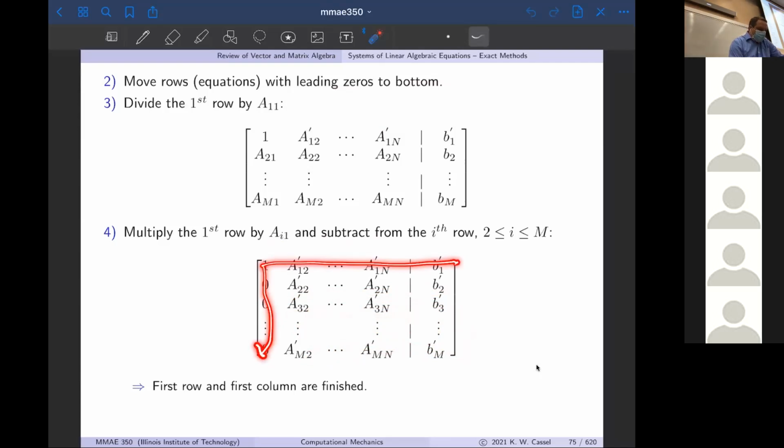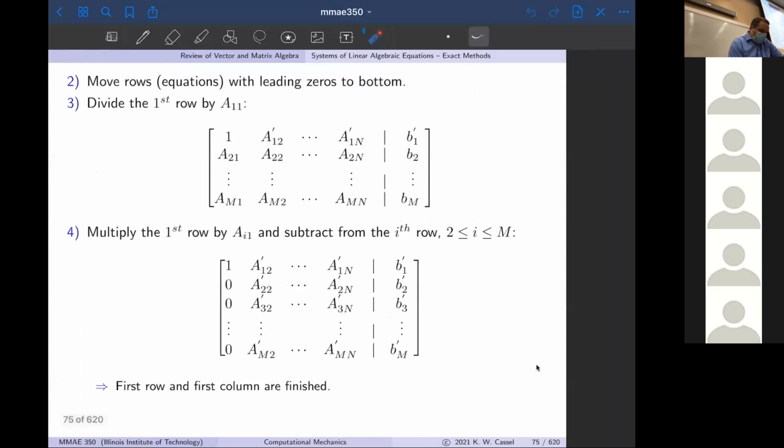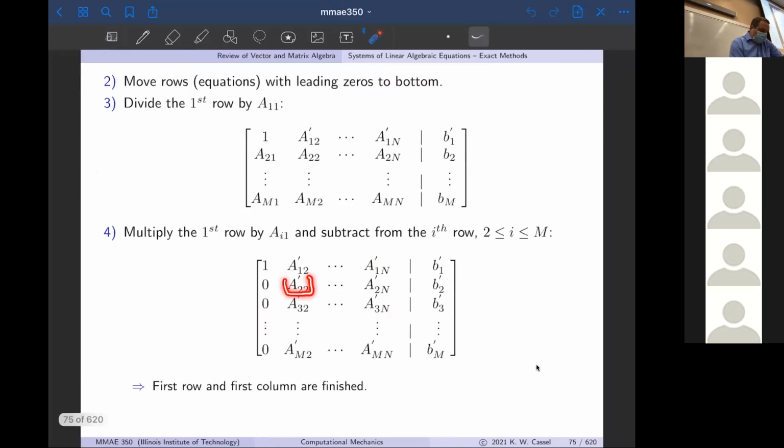And now I look at what's left and I do the same thing. I now want to make this element a 1, the A22 prime. So I divide through this equation by A22 prime. That makes this a 1. And then I use that equation to eliminate all of the elements beneath it.